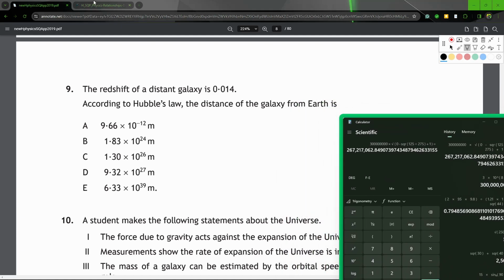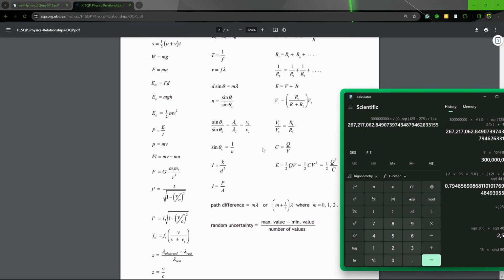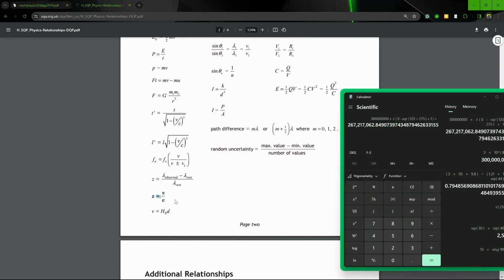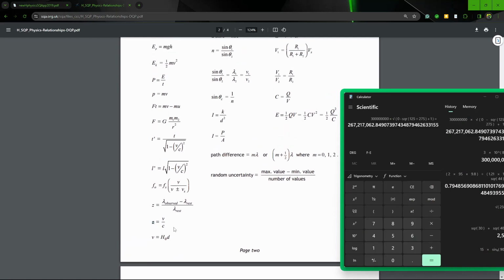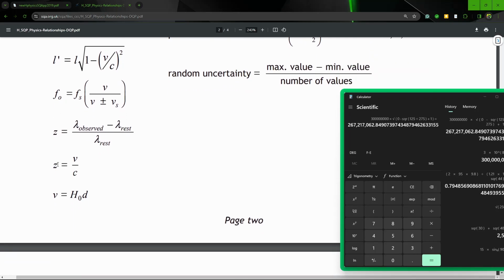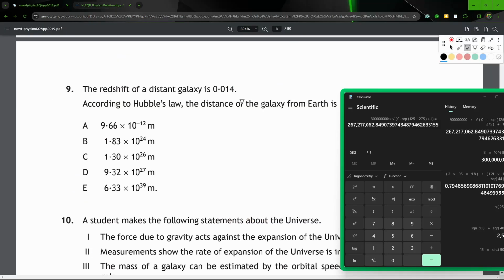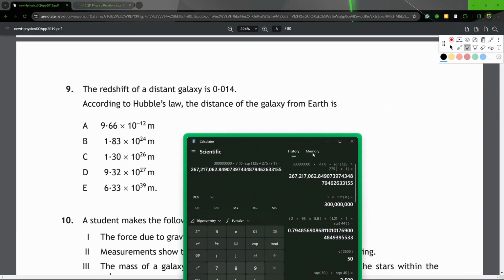Well, this is another time for our relationship table. So, down here, Z equals redshift, right? So, looking at this, I know c is a constant, the speed of light. We know the redshift, so that means we can calculate V. And that means, using the Hubble constant, we can calculate D, which is what we want.